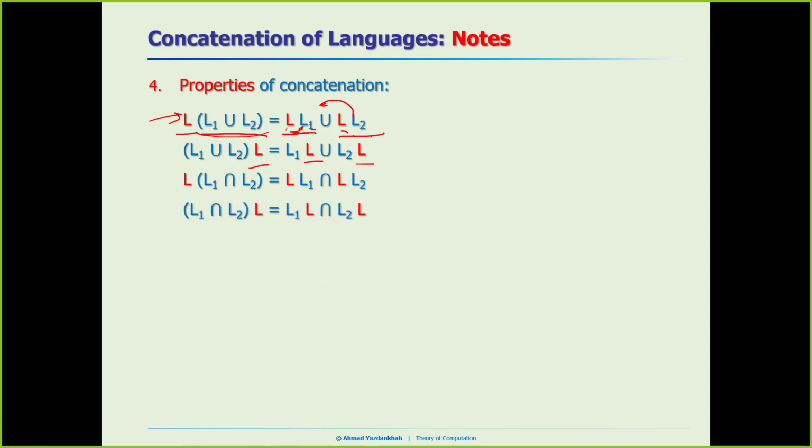There are a lot of other properties. I just mentioned 4 of them for just having a taste that concatenation is a mathematical thing. So far, you have used it inside your Java code or your high level languages code, but I just want to mention that behind all of these stuff that you are doing in computer science, there is a mathematical theory.